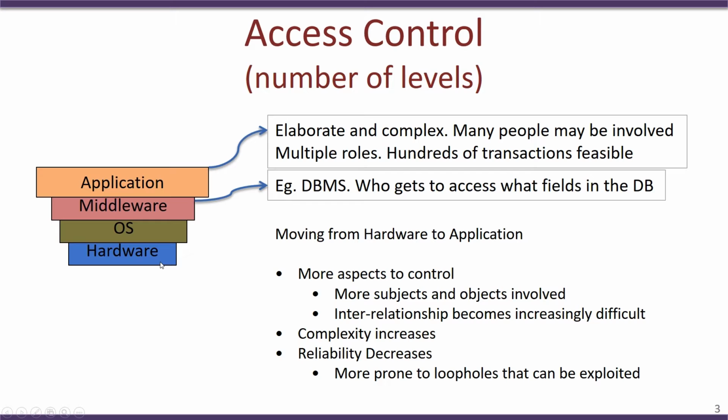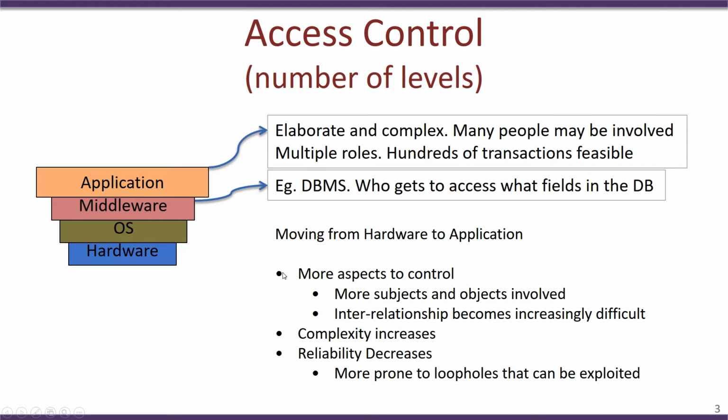Access controls are available at a number of levels in the system. You have access control policies present at the hardware, the operating system, middleware like DBMS, and also in various applications. As we go upwards from the hardware towards the application, the access control mechanisms become more and more complex. In hardware, for example, a simple access control mechanism to prevent reading or writing from one memory location would require far less overhead and be far simpler.